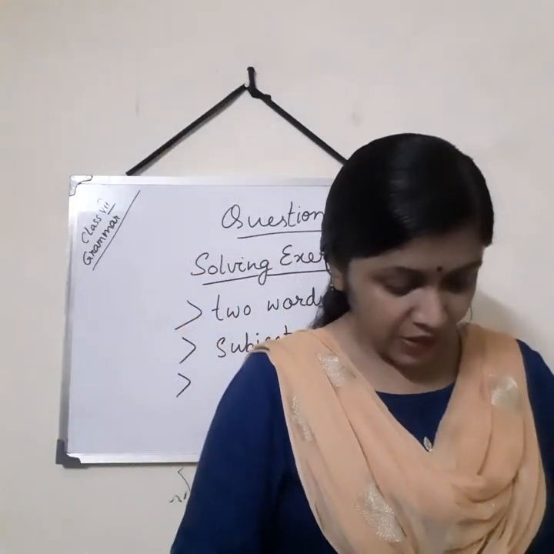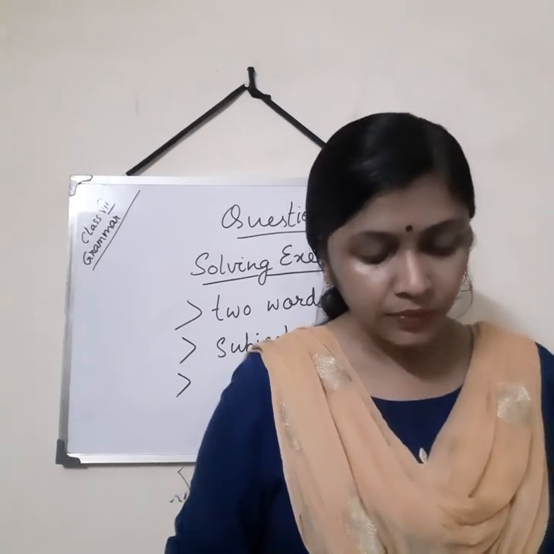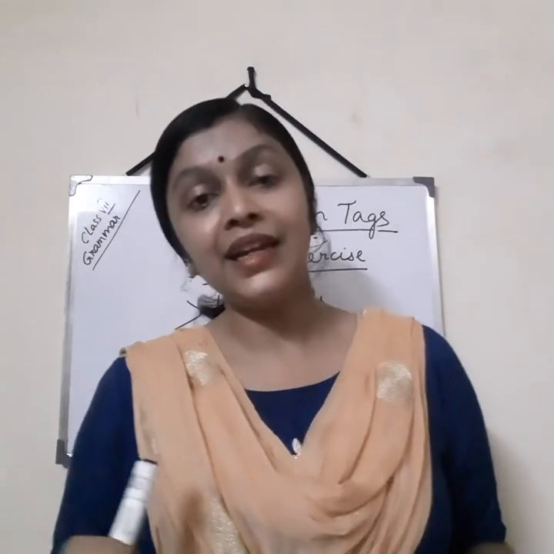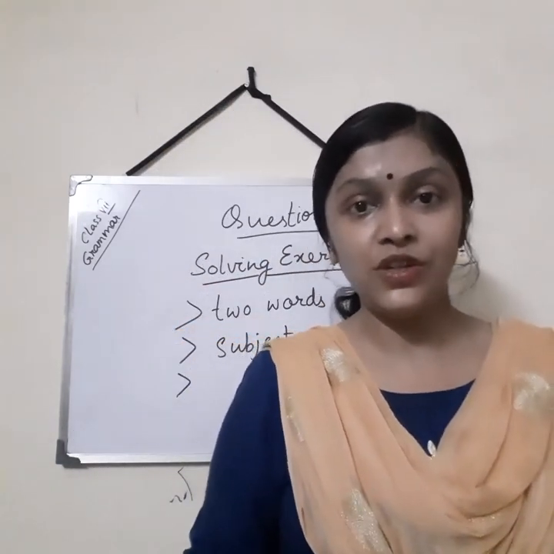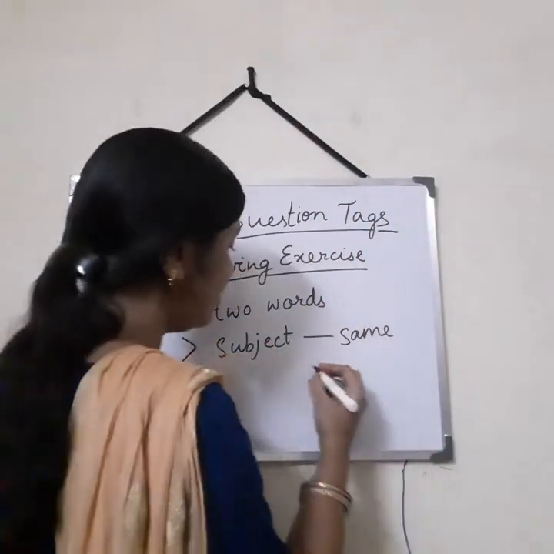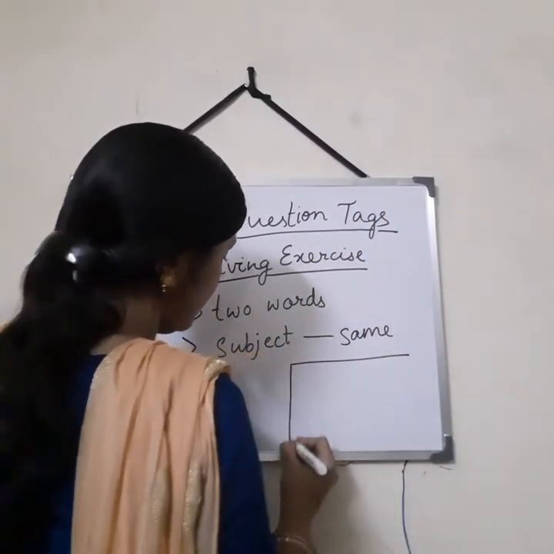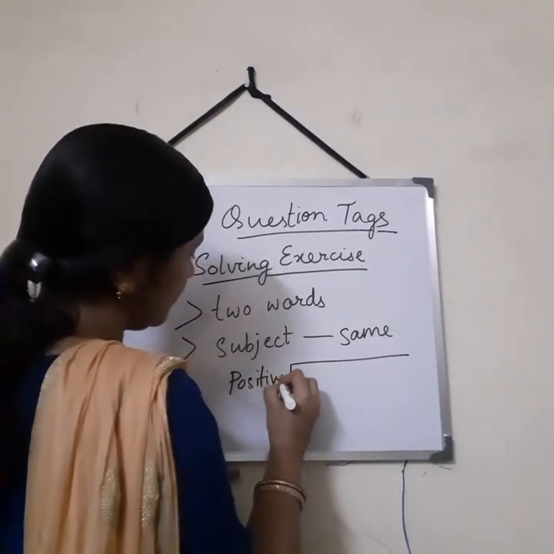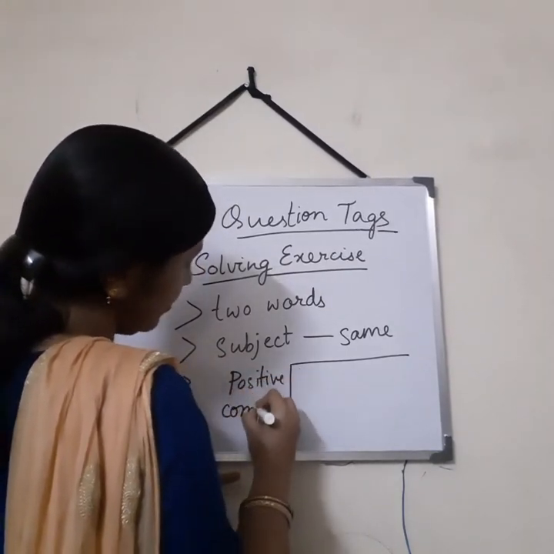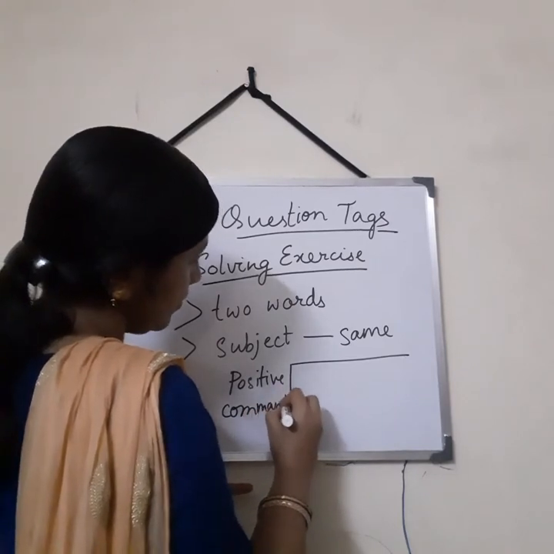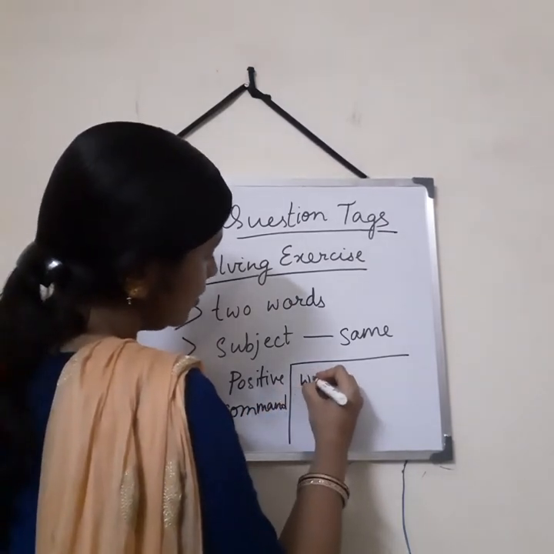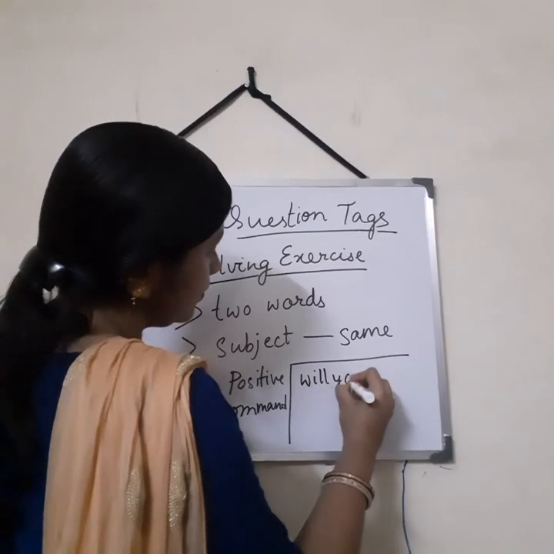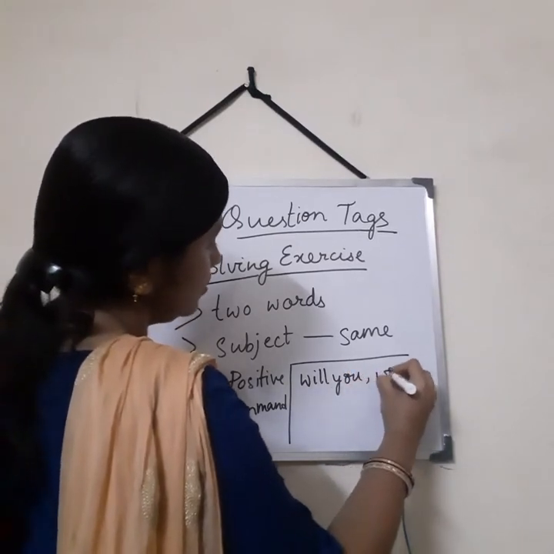Okay, so these were the few things that we did, and we understood that in case of any positive command or request, we use the question tag will you and won't you.